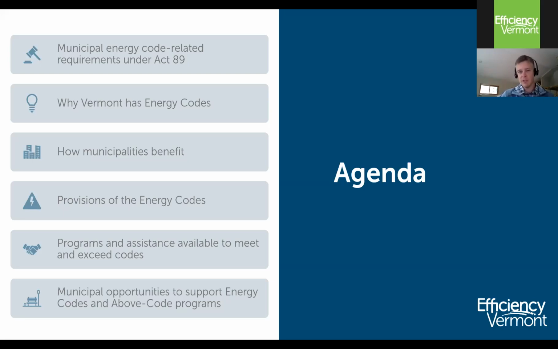We'll go through the details of what the code requires, and cover resources and assistance for code interpretations, code support, things that Efficiency Vermont does and other things at the state level, and then some further information to support local officials in implementing the code.